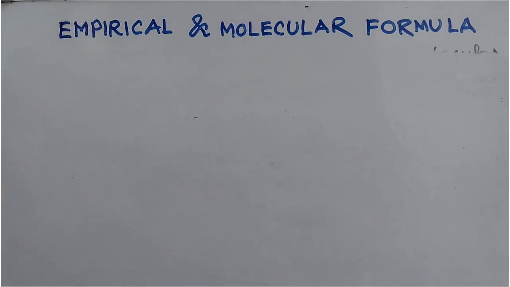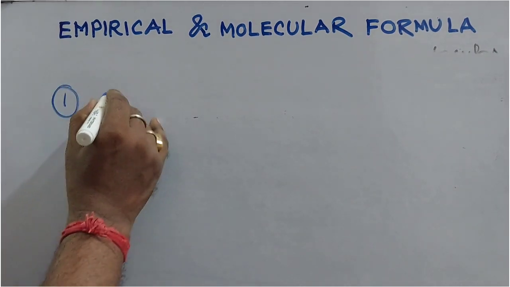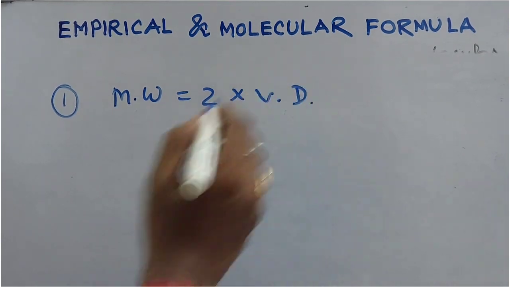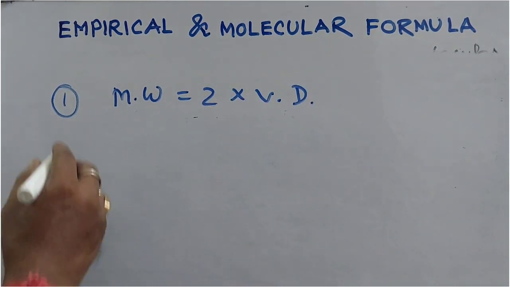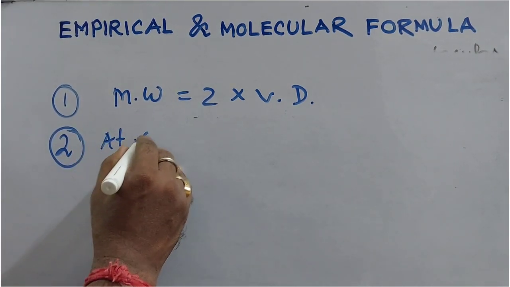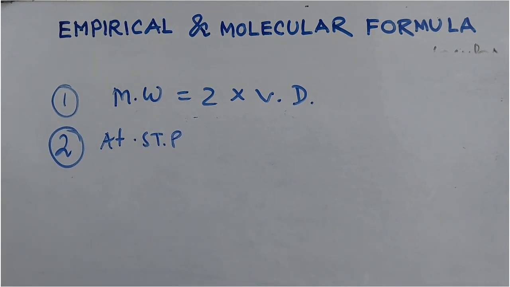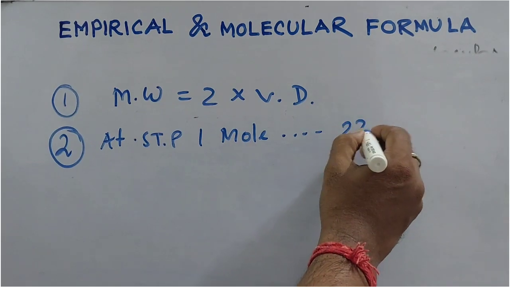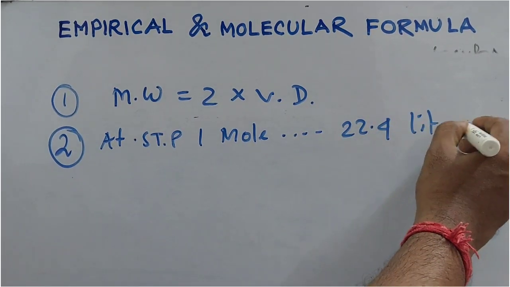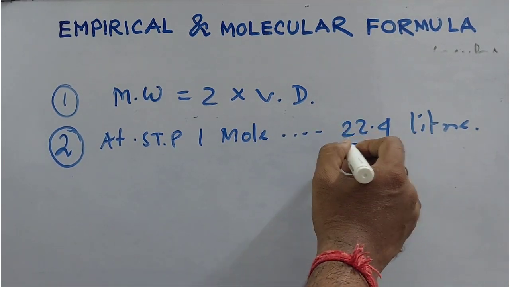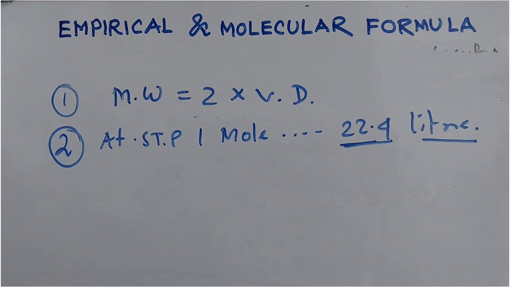Those are: number 1, molecular weight is 2 into vapor density. Number 2, at STP 1 mole of any gas contains 22.4 liter volume.